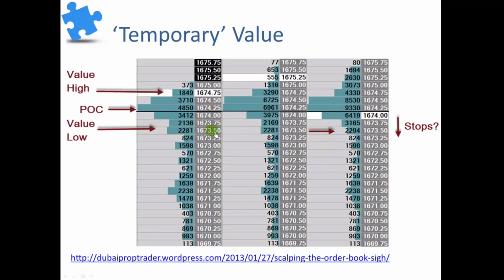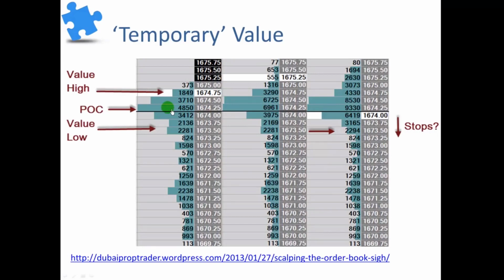And the value low could be described as cheap. That's one way to describe a value low. And then 1674.75, that's our value high. Or another way to look at a value high is it's expensive. And then we've got this thing in the middle where we've got much more volume than the other prices, and that's called the point of control.